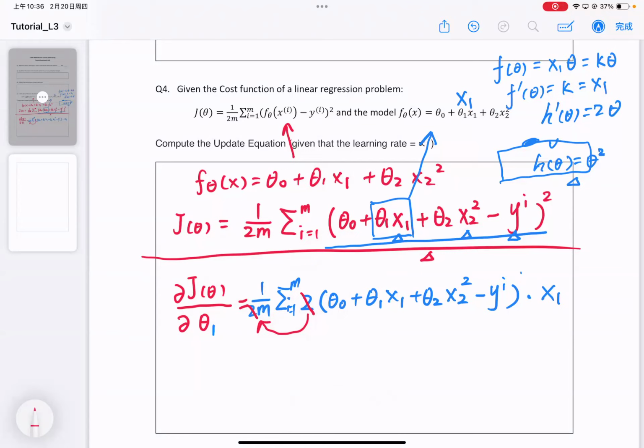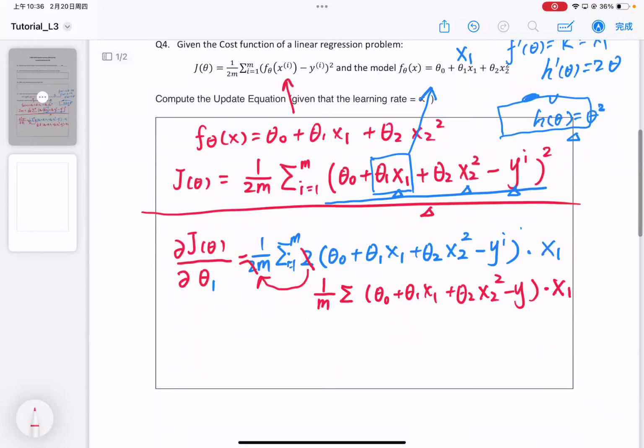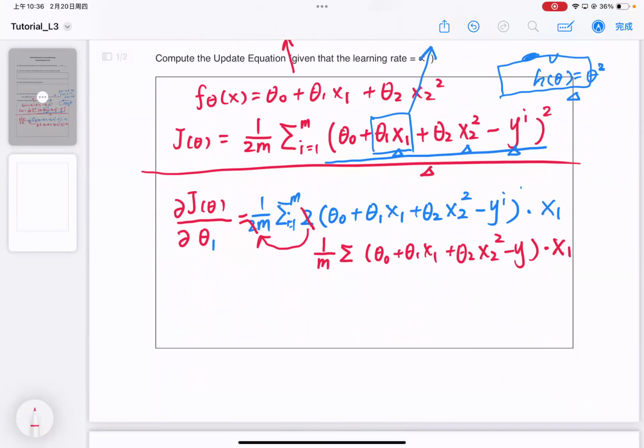So the final result will be 1/m, the sum of something, okay? Sum of theta 0 plus theta 1 x1 plus theta 2 x2, squared, minus y, multiplied by x1. So this is the final result of the partial derivative for theta 1.